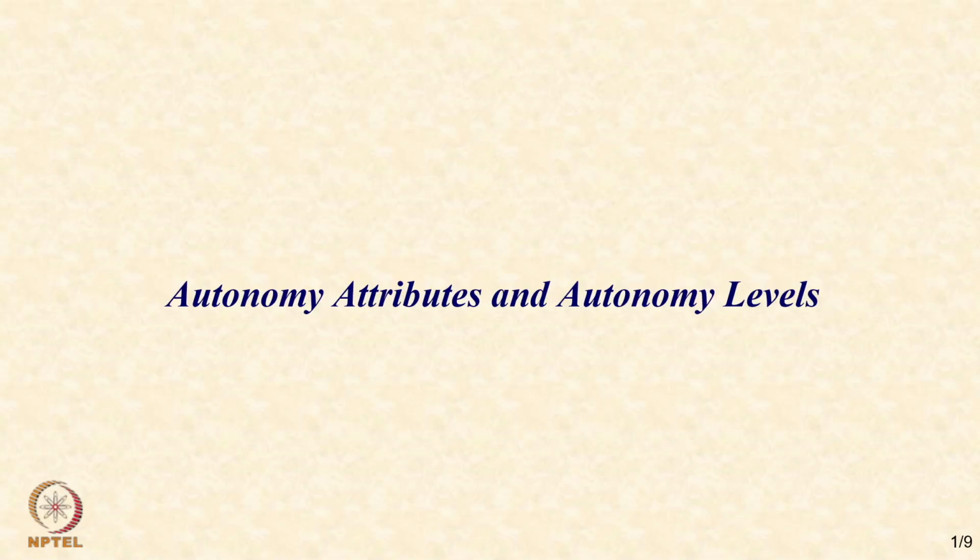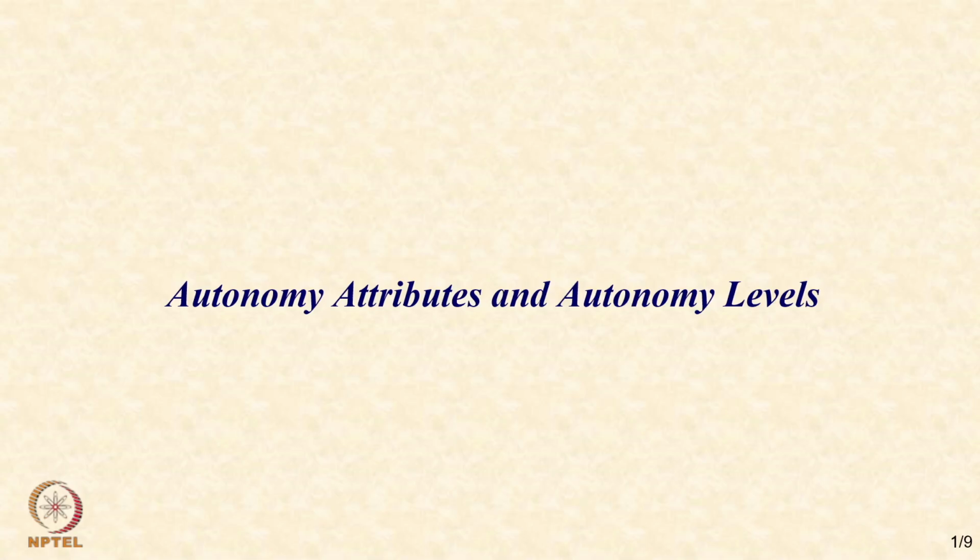In this segment, we will look at the autonomy attributes and also bring in the ideas of various levels of autonomy that are important for us to look at in the context of developing such systems. So, let us begin today's session.